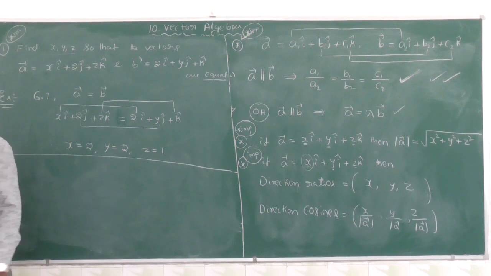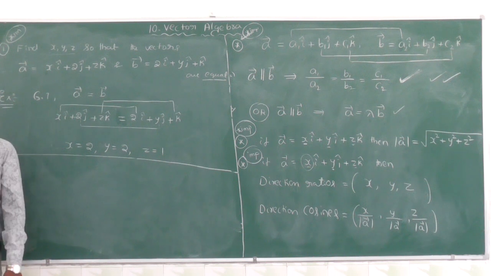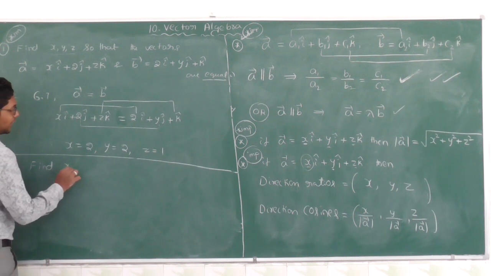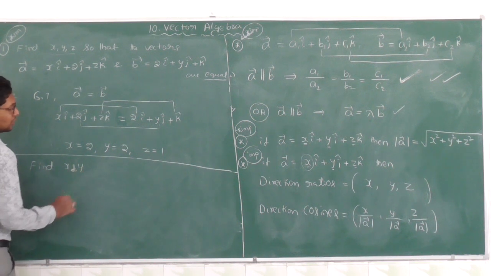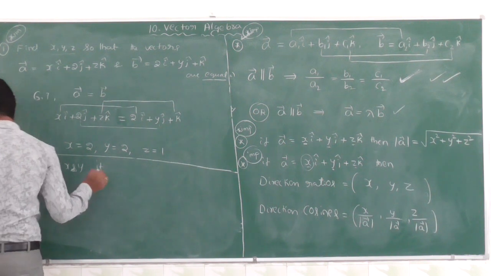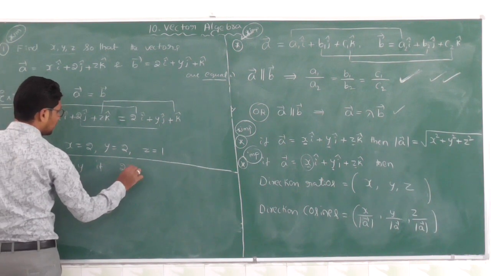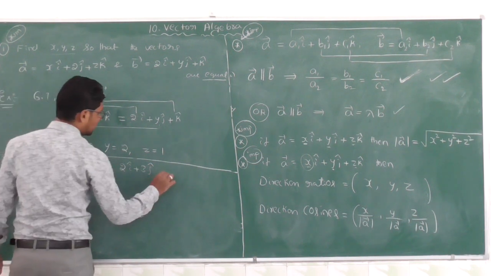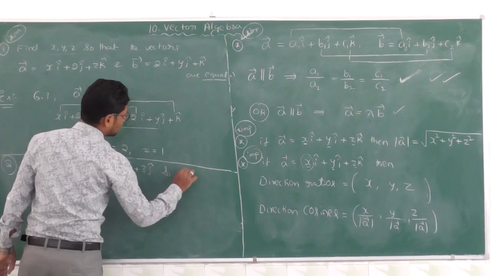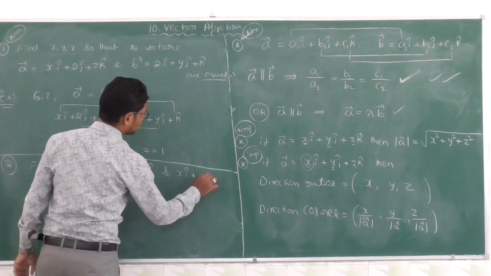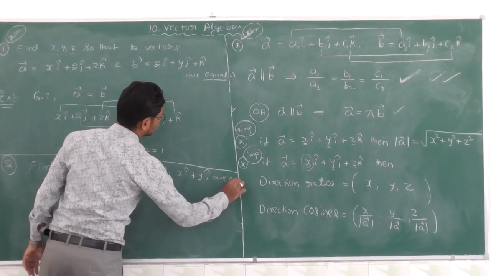One more question we have. That question is homework for you. Find the values of x and y. If the two vectors 2i plus 3j and xi plus yj are equal.